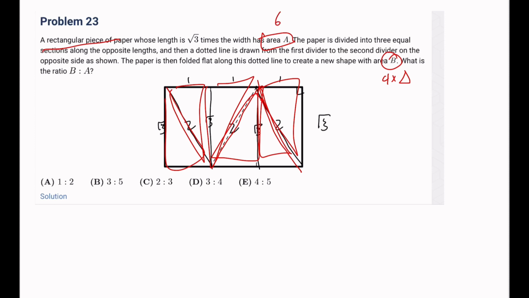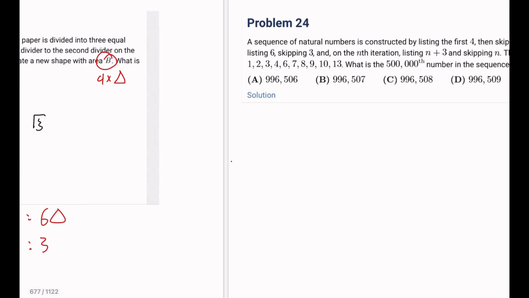So this is 6 times 30, 60, 90 triangles. So what is the ratio B to A? 4. So it's 4 triangles to 6 triangles. This is obviously 2 to 3. The answer is C.